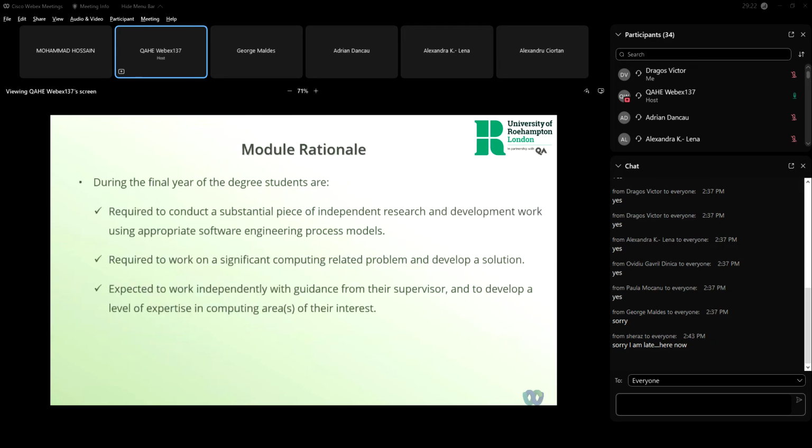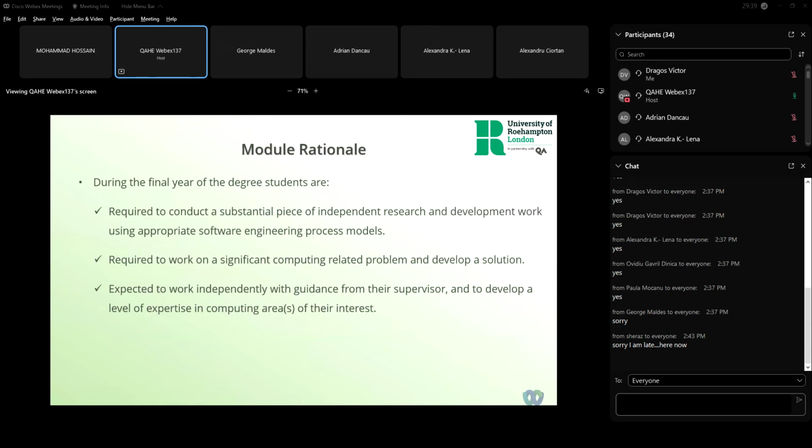So starting first of all, and looking at the second sentence there: required to conduct a substantial piece of independent research and development work, right?